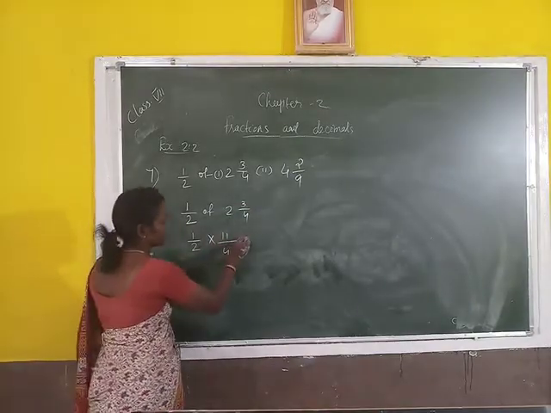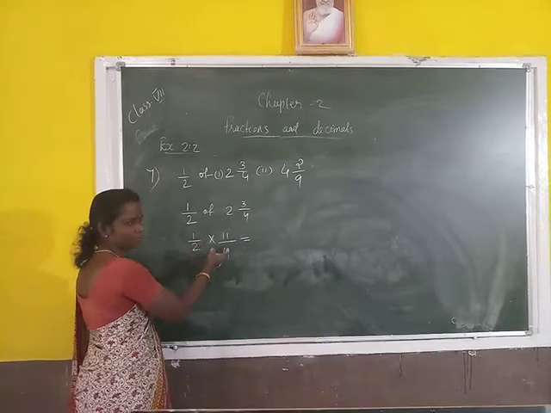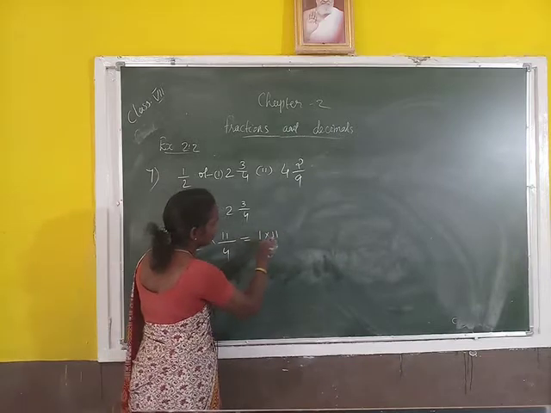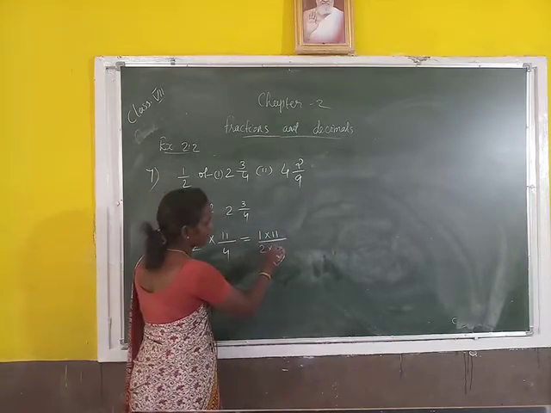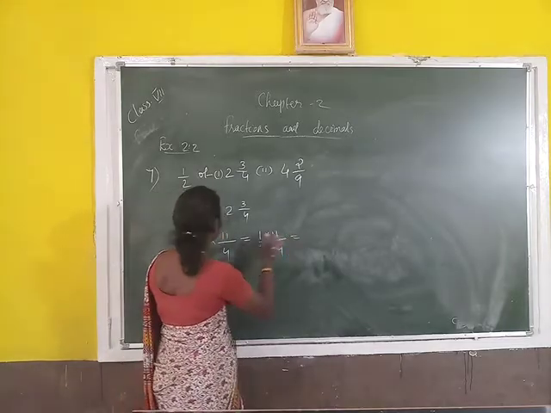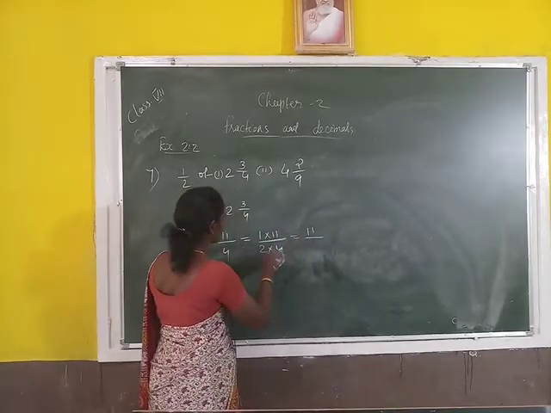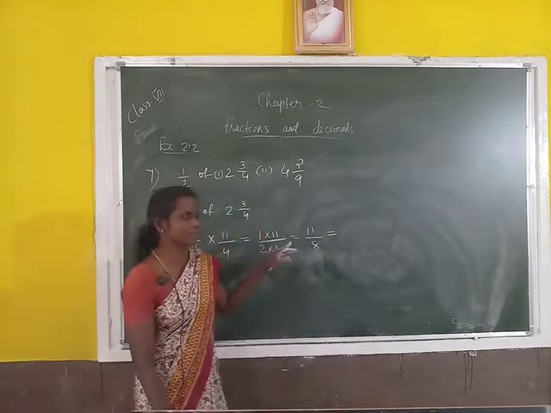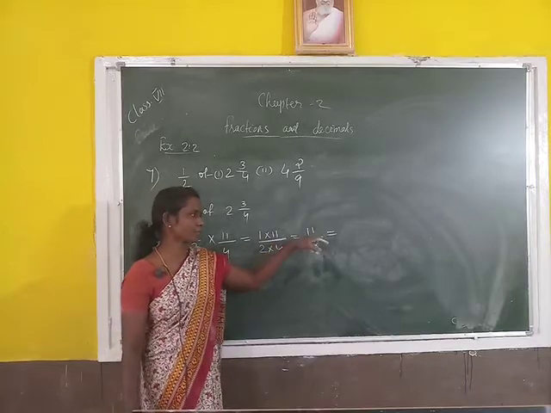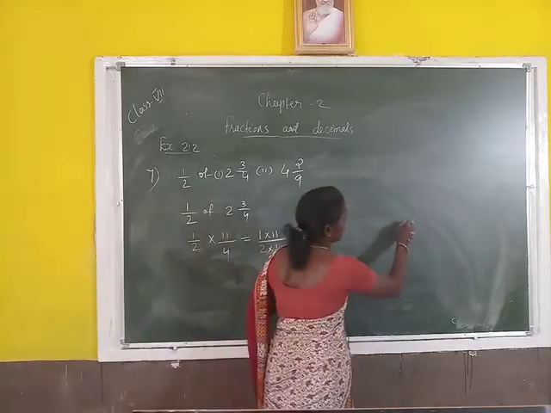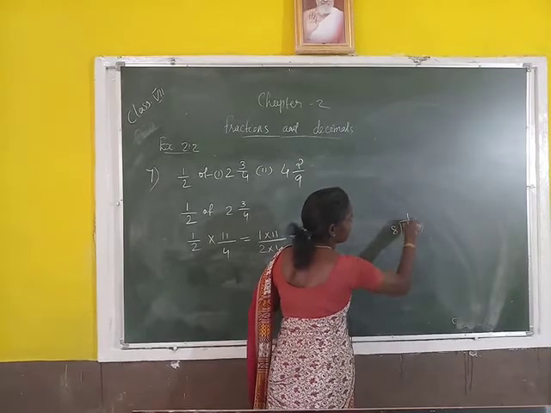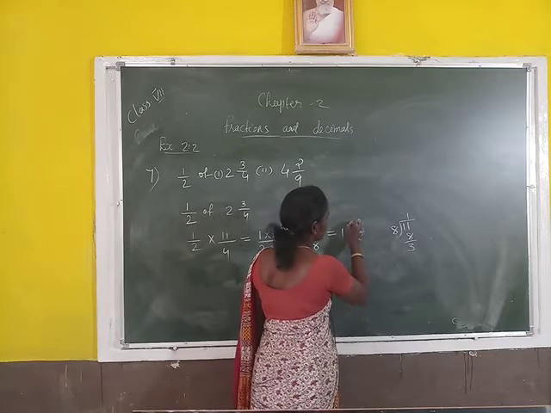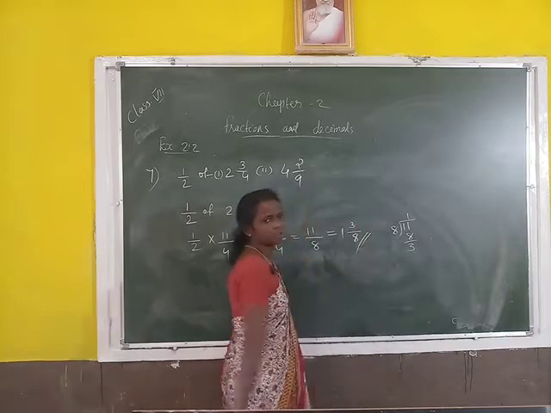Then look, multiply: this is a fraction, this is also a fraction. So numerator multiply numerator and denominator multiply denominator. So 1 into 11 is 11, by 2 4s are 8. So what is its answer? This is which fraction? This is improper fraction. So improper fraction convert into mixed fraction. 11 by 8, how many times? 1 time. So the answer is 1 3 upon 8.